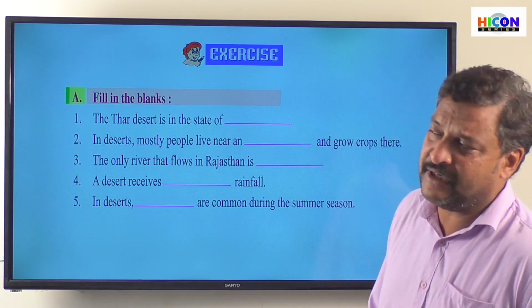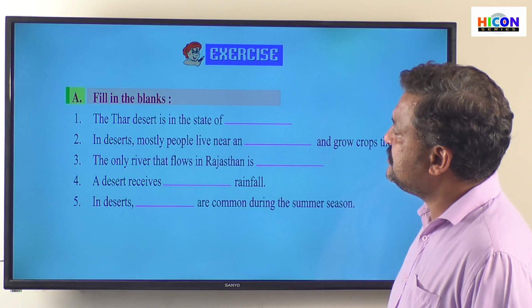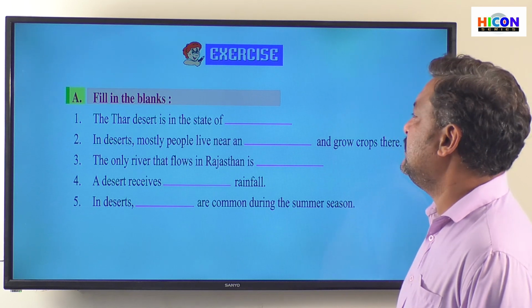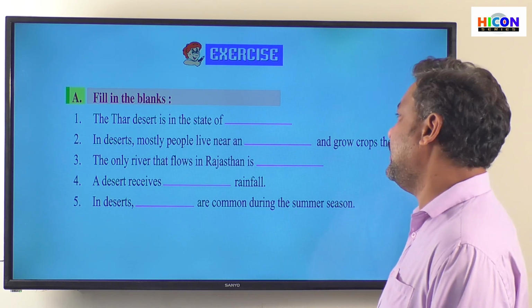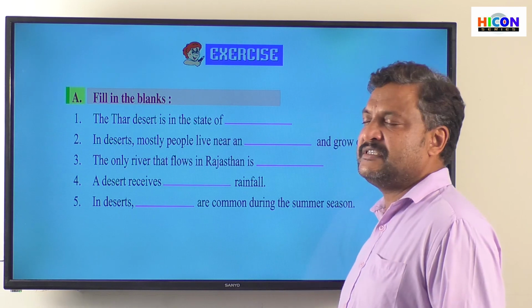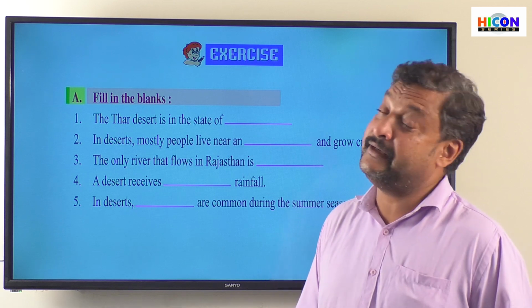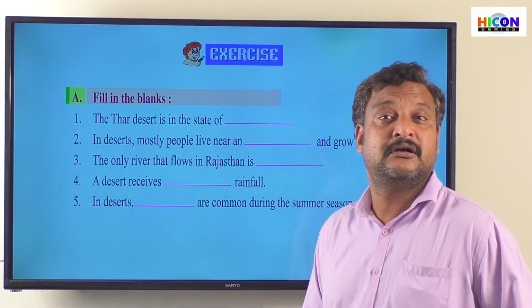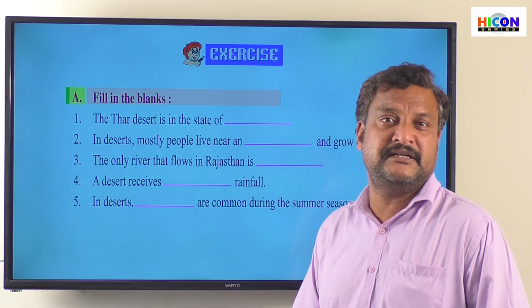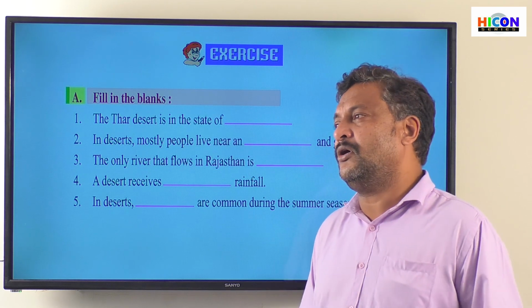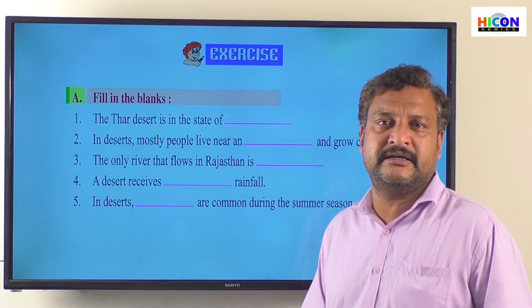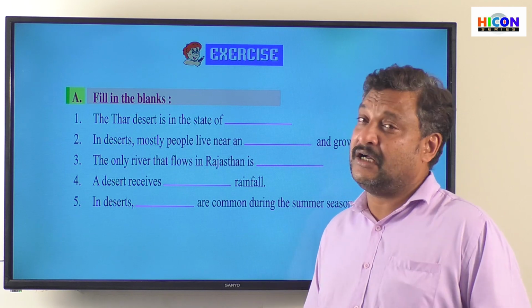With the options, we need to complete those blanks. So the first question is, the Thar Desert is in the state of dash. Which state were we dealing with when we were talking about the Great Indian Desert or the Thar Desert? It was Rajasthan. Almost the entire Rajasthan is the Thar Desert.